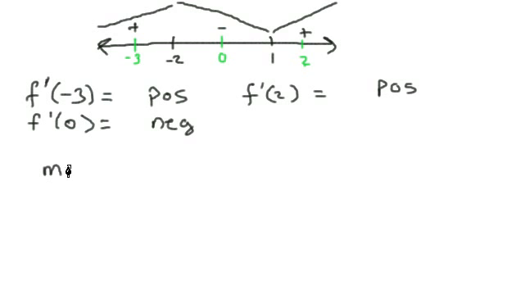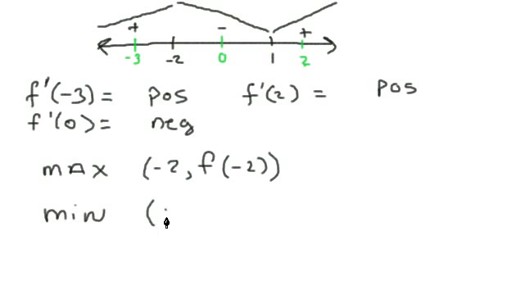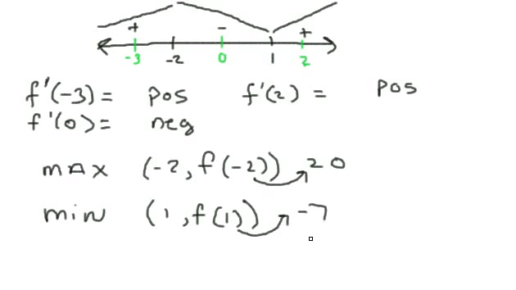It looks like we're going to have a maximum at -2 comma f of -2, and a min at 1 comma f of 1. That's plugging these in and getting that number out. I'll just go ahead and tell you that this number right here is 20, and this number here is -7.